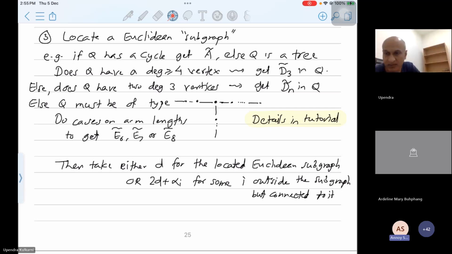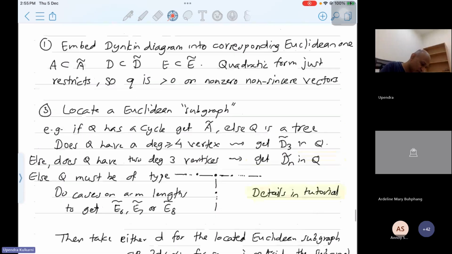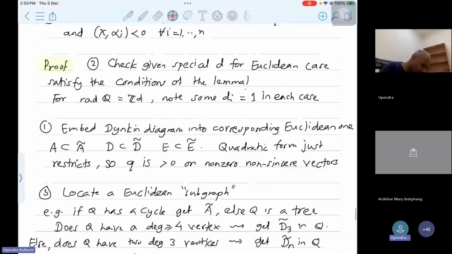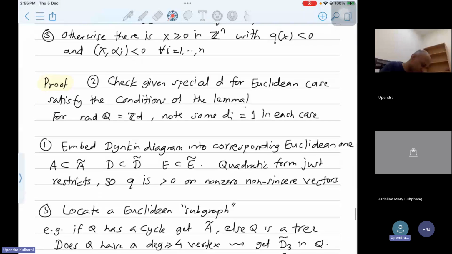So is it always the case that some end vertex x_i is 0 since we need a non-sincere vector? I think this was about the proof from Tanisha Talekar. Okay, so I'm sorry. Looking at the statement once again, please.